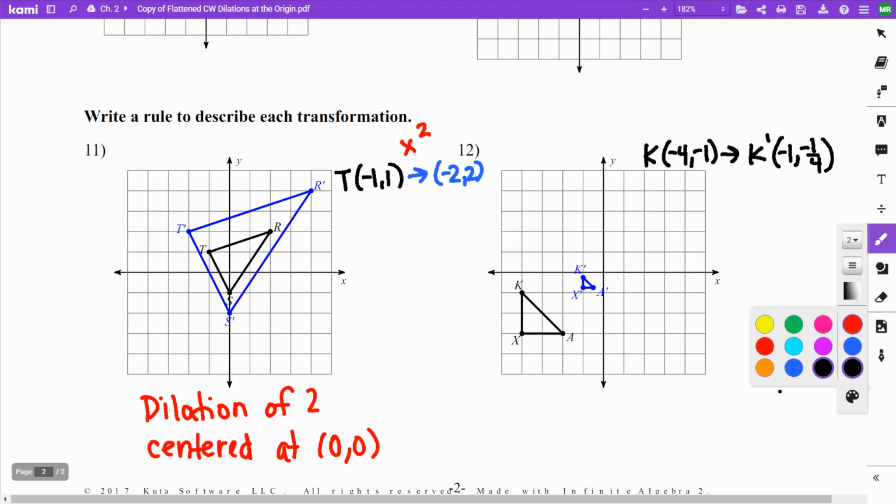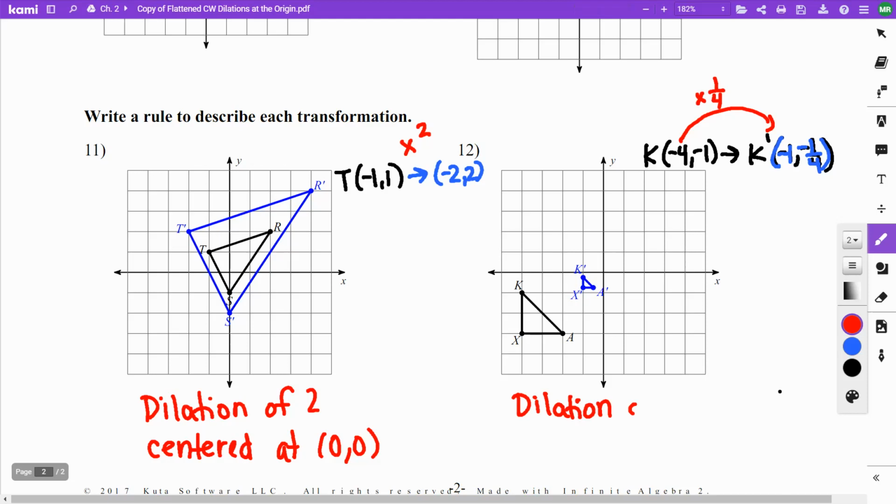The way to double check, and actually I should have done this in blue, is what am I doing here to get here? And that is I am timesing it by 1/4. And so this is going to have a dilation of 1/4 centered at 0, 0.